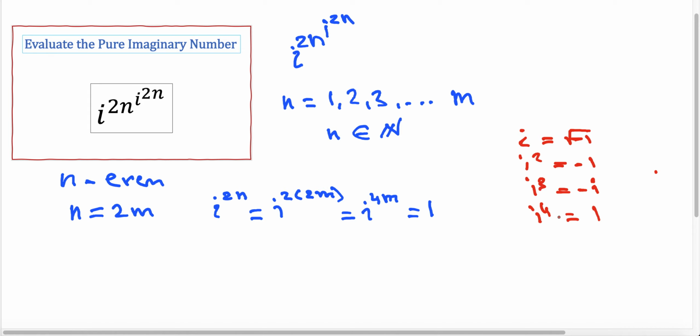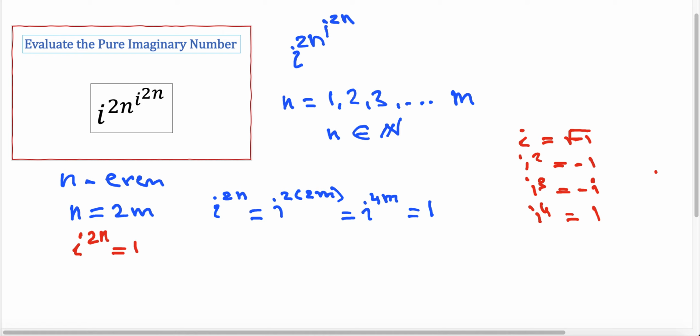Every fourth number repeats 1. So because the exponent is divisible by 4, i^(4m) is equal to 1, and we found that i^(2n) is equal to 1.